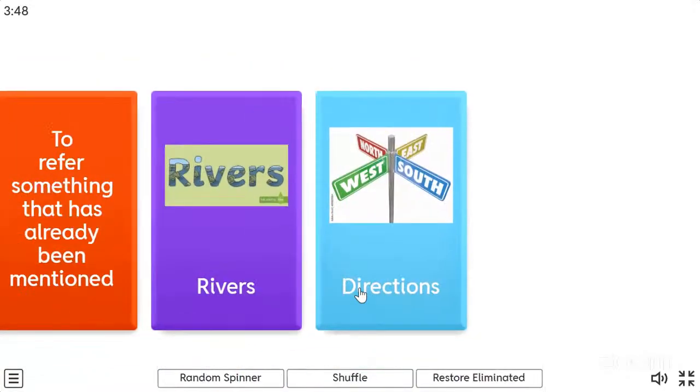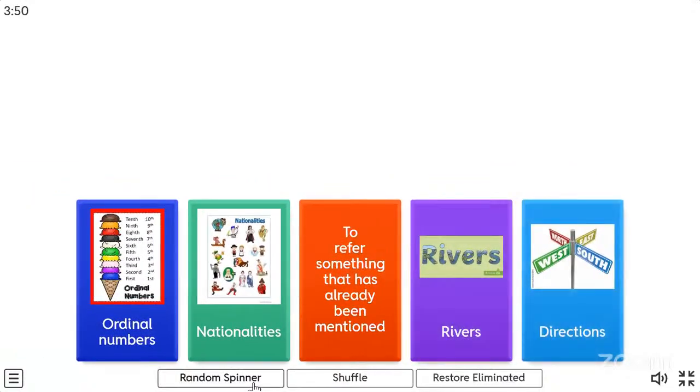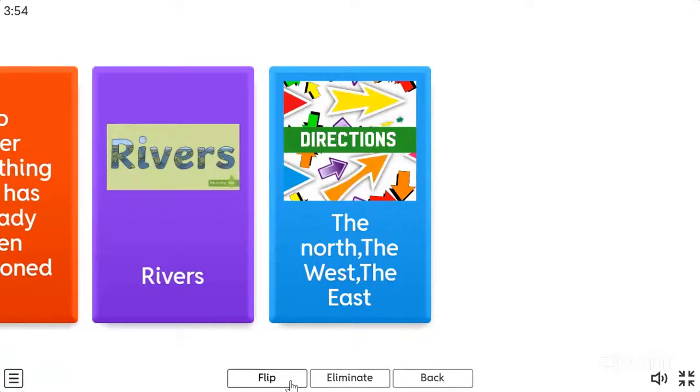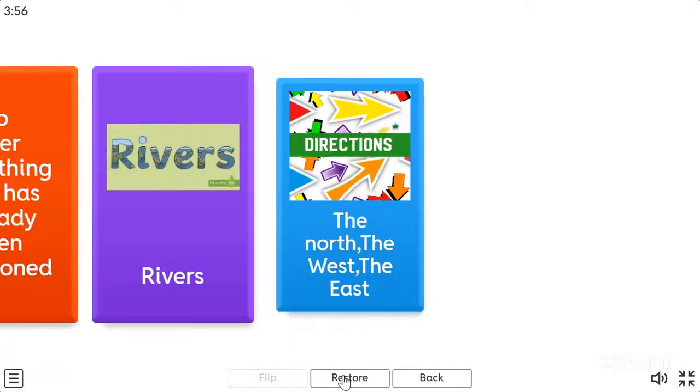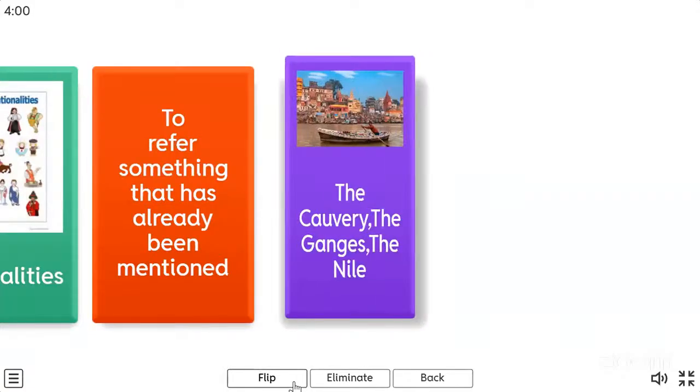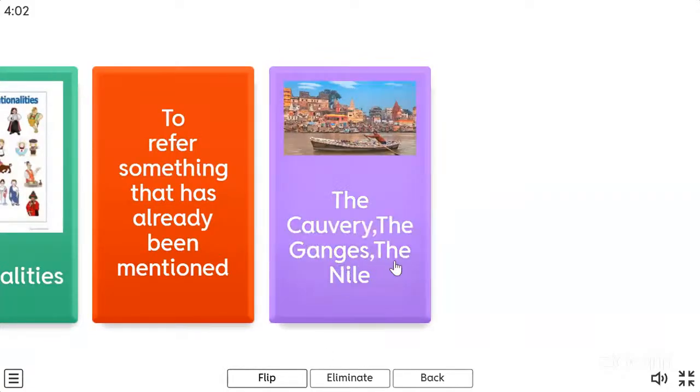Then directions: the east, the west, the north, the south. Before river names, just 2 more minutes, children. The Kaveri, the Ganges, the Nile. For the river names, we use it.